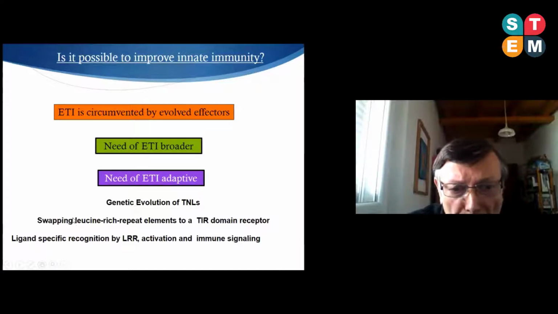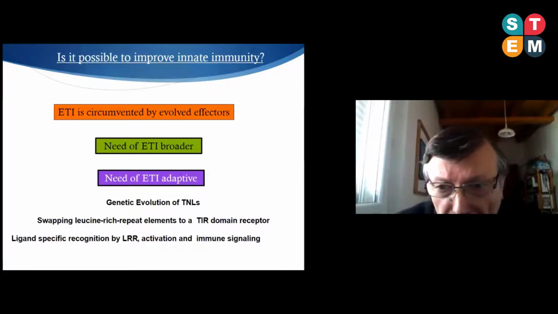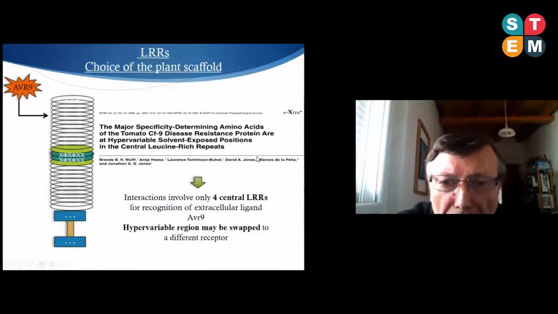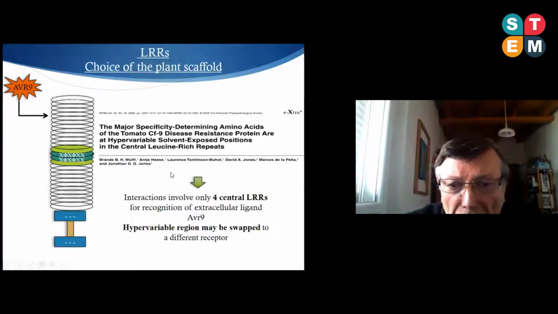So we proposed recently the swap of leucine-rich repeat elements between receptors, and we showed that these chimeras confer enhanced resistance in Solanaceae. But again, there are many other possible interventions. For example, in Cladosporium fulvum, the avirulence effector AVR9 is sensed by a receptor called CF9 in tomato.